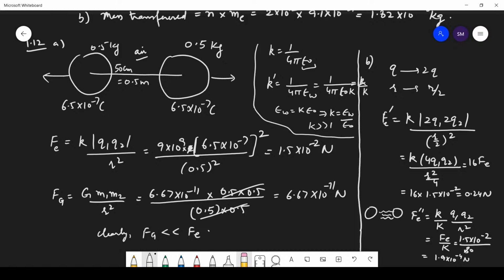So if you put water, then obviously the Coulomb's force has become weaker. It is weaker by 1 by 80 times, so divided by 80. Okay, so that's the answer. Very important question we have done.